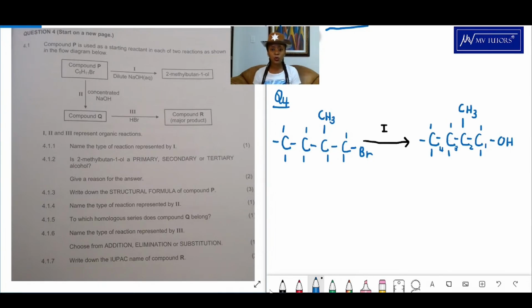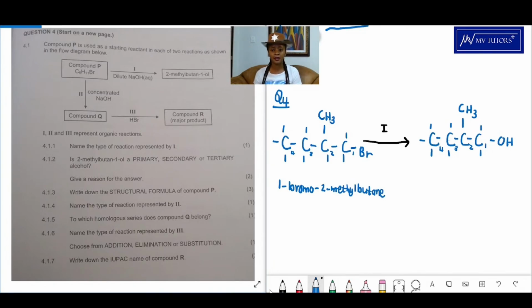And this one, what would we call it? Remember, I'm starting from this side. So you have a bromo on 1 and you have a methyl on 2. So I would say 1-bromo-2-methylbutane. Okay, it's a haloalkane.